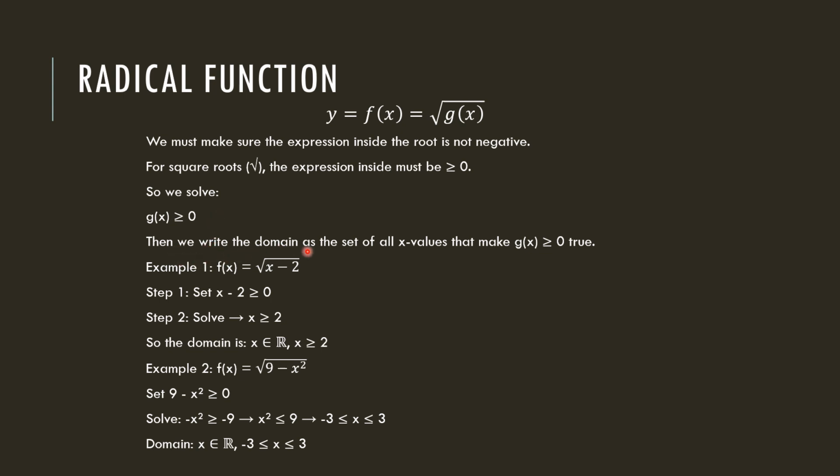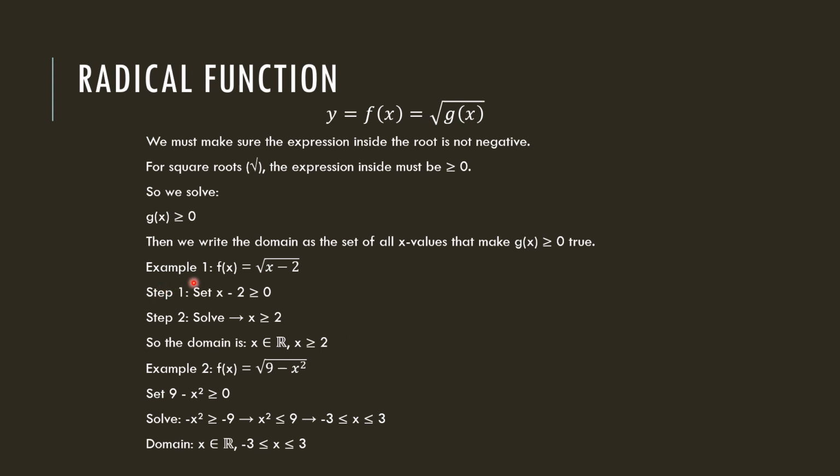Then we write the domain as the set of all x values that make g of x greater than or equal to 0 true. So we write the domain in the form of a range, but the range will favor the side that makes g of x greater than or equal to 0 true.